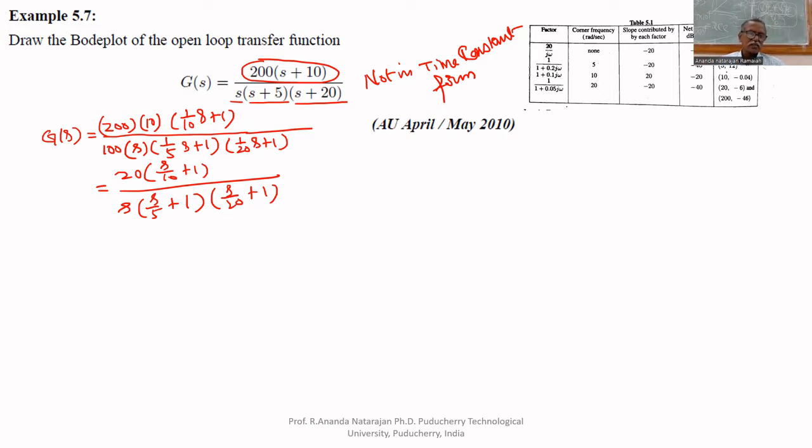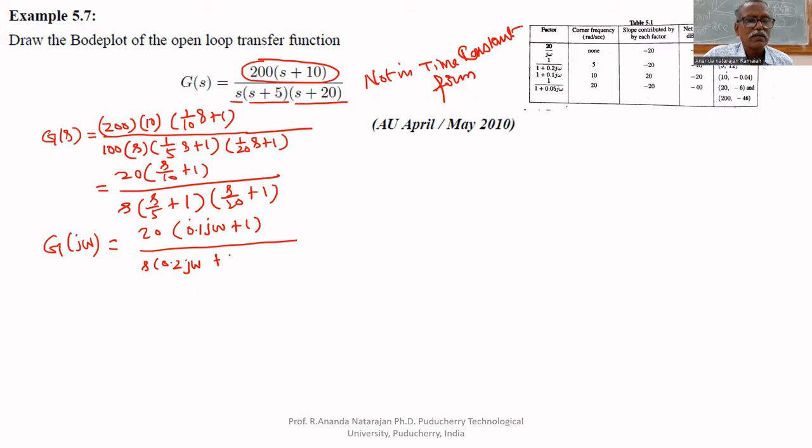Three first order factors are there, 2 in the denominator and 1 in the numerator. First we have to find the frequency transfer function: 20(0.1 jω + 1) / [jω(0.2 jω + 1)(0.05 jω + 1)].